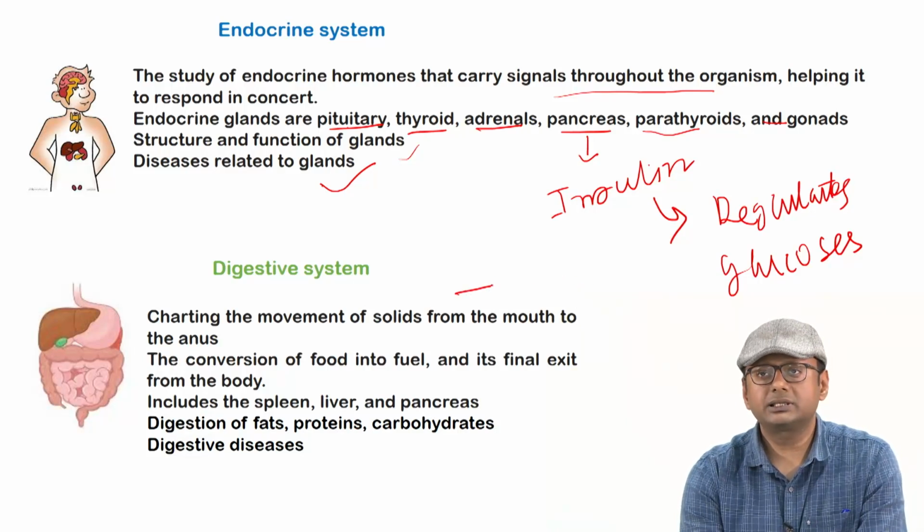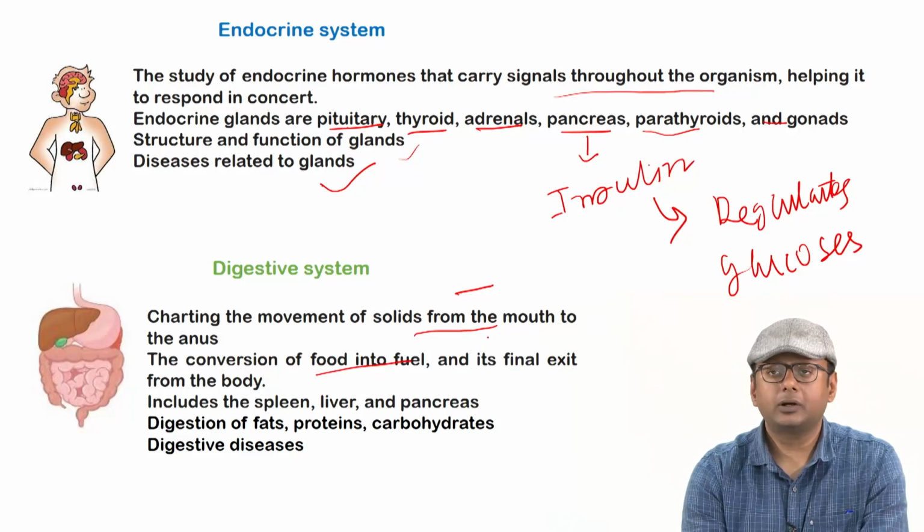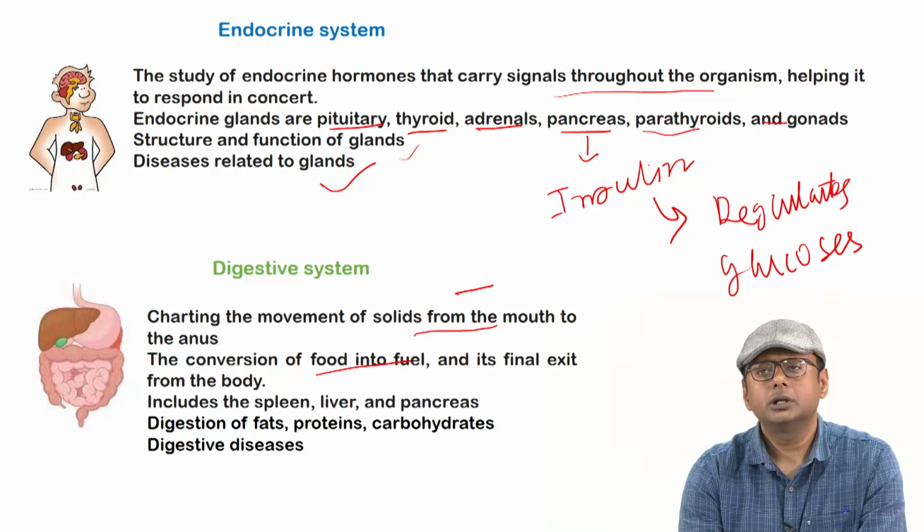Then the digestive system is another important component, as we said. It helps in the movement of food from the mouth to secretory organs, excretory organs, and eventually the conversion of food to fuel, like how the end product of energy happens after consumption of the food.